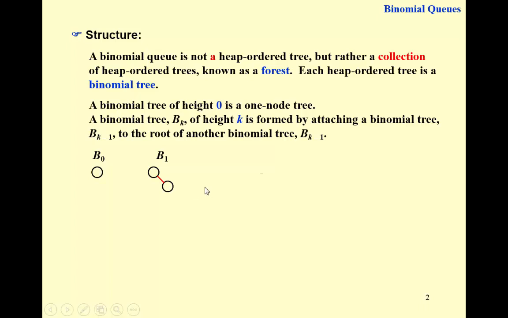To give you more feeling, let's take a look at B sub 2. We should have two B sub 1s, and we attach one to the root of the other one, and that is B sub 2. If that's still not clear enough, let's see B sub 3. We're going to have two B sub 2s and attach one to the root of the other one.